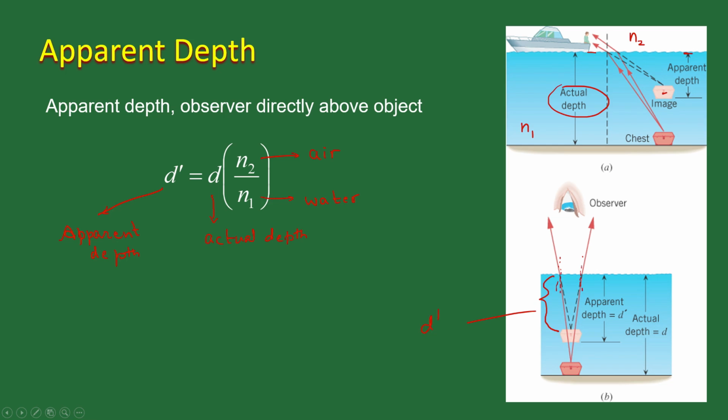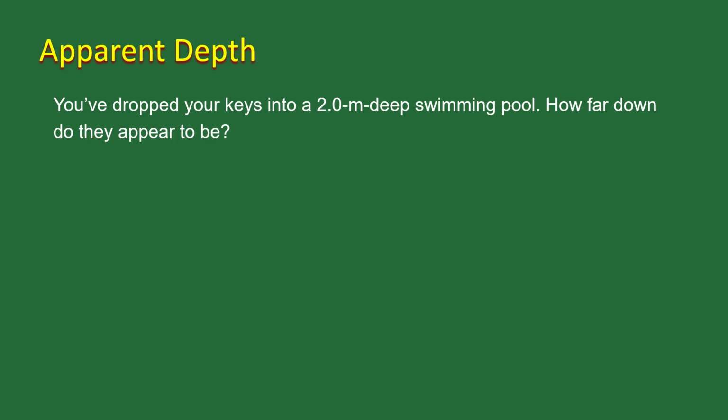So let's see an example. You dropped your keys into a 2-meter deep swimming pool. How far down do they appear to be? So basically we want to find the apparent depth of the keys in the water. So that's the water, and let's say you have keys somewhere down here.